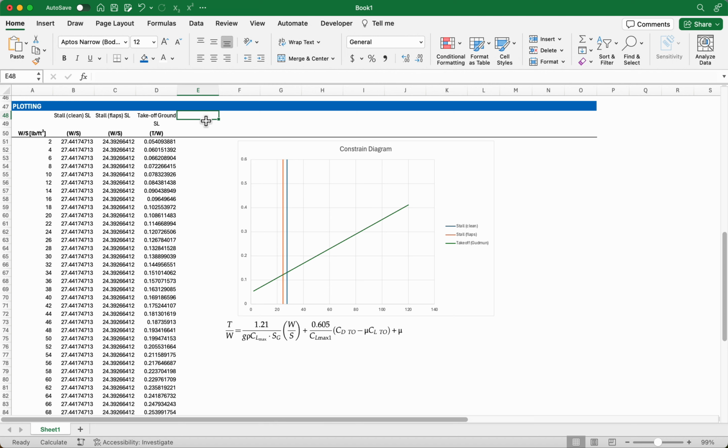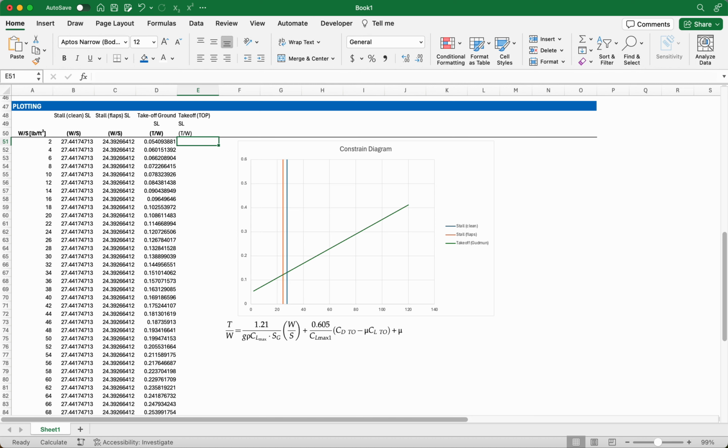Now let's try and plot the takeoff using the takeoff parameter method. So I'll write takeoff, and I'm going to write in here TOP for takeoff parameter. Again, we're going to look at sea level conditions, and it's going to be plotting our thrust to weight ratio.